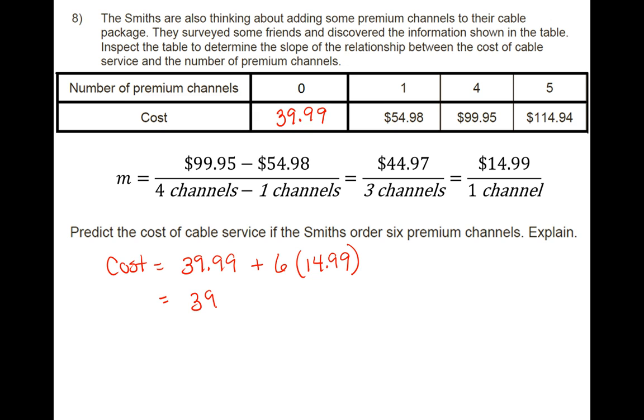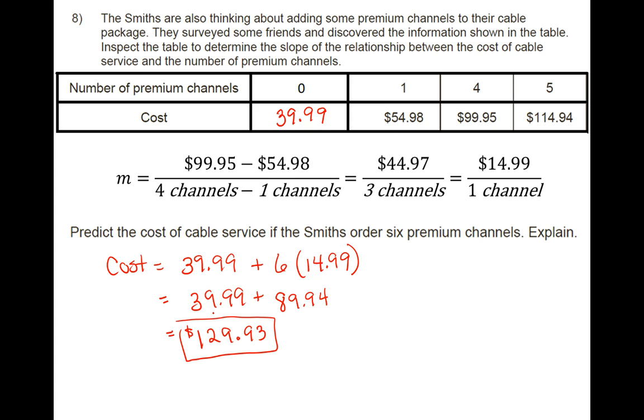So there's our basic cable, 6 times 14.99. They're paying, that would add $89.94 for those premium channels. That's $129.93.